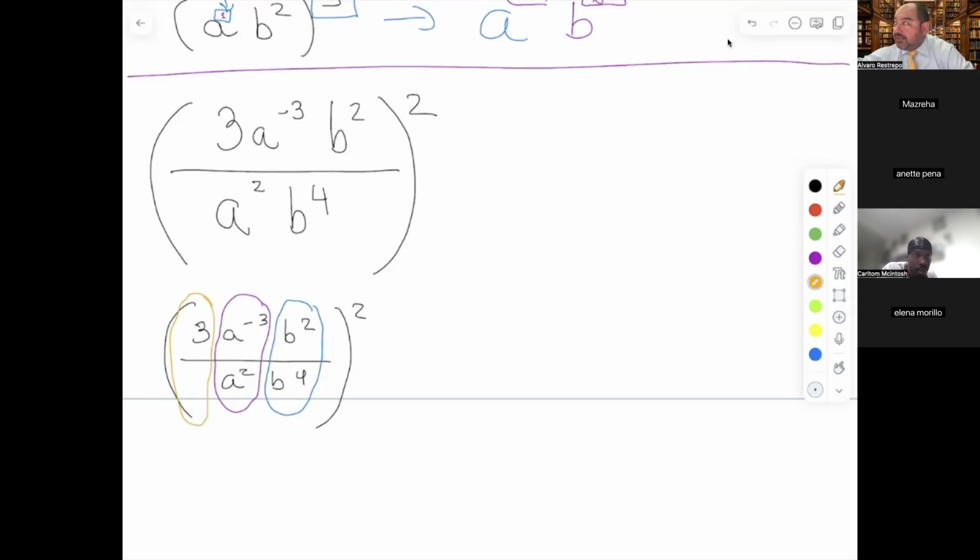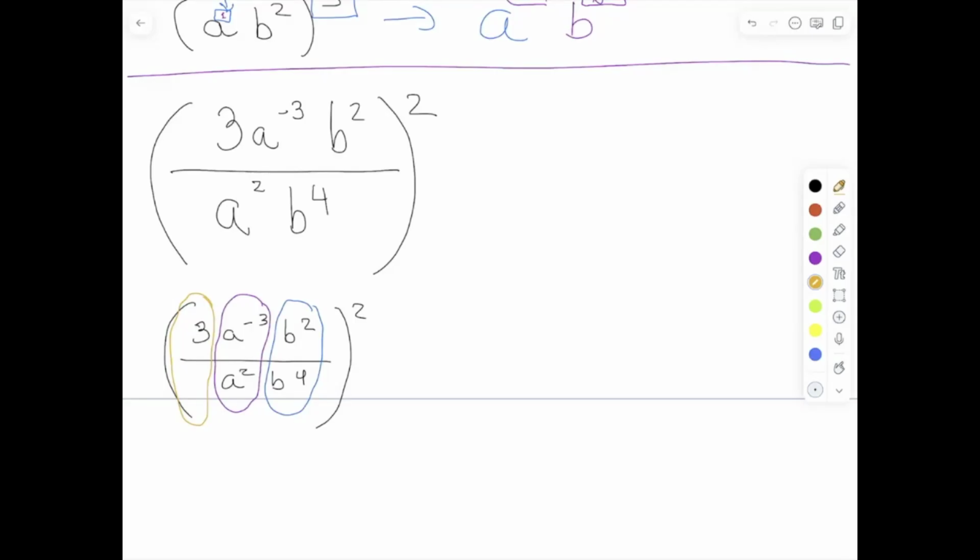Anybody? You're not going to combine them because the bases are different. You want to keep A with A and B with B, right?